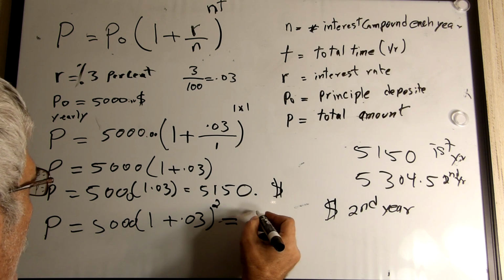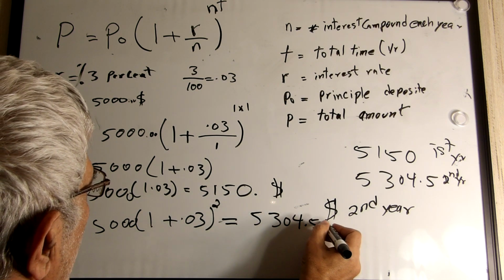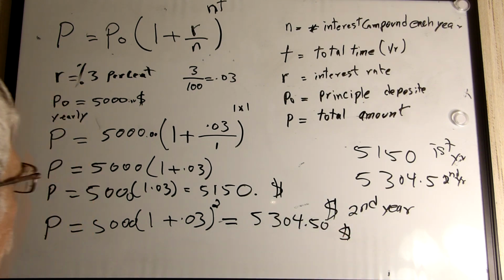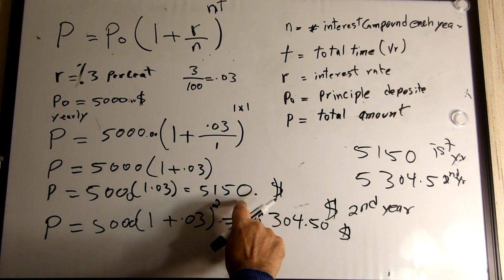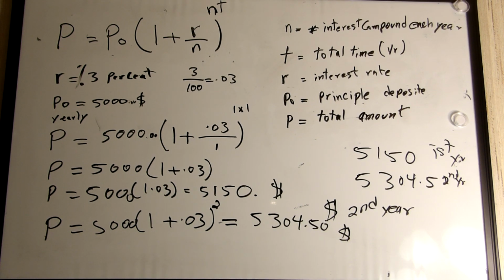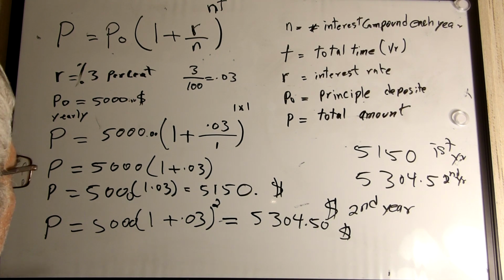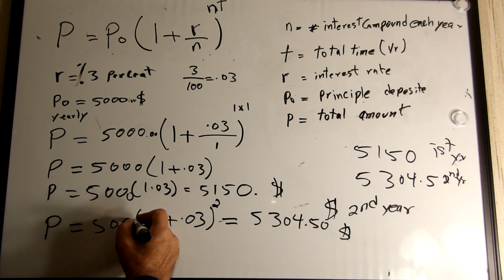So this is going to be $5,304.50. See, we got that value just using this formula, so it's really easy to use.